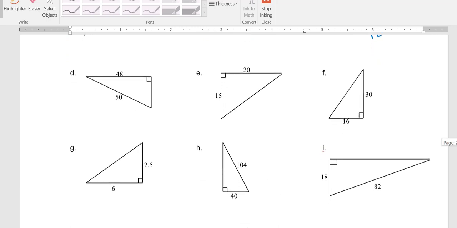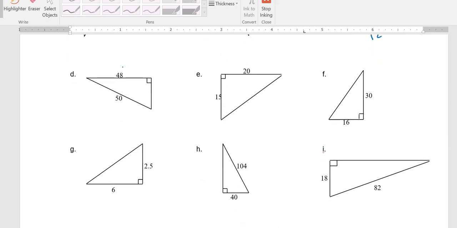Let's look at this. Keep doing some of these problems. 48, 50. I can divide these by 2. And so this is going to be 24 and 25. And then, so this is going to be a 7, 24, 25. Multiply that by 2.